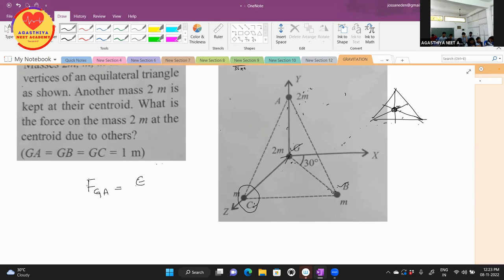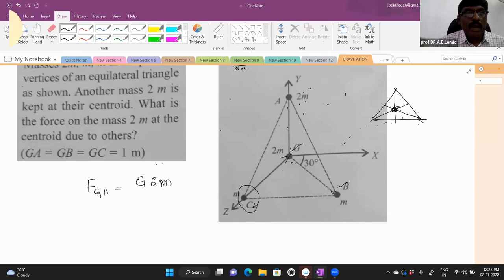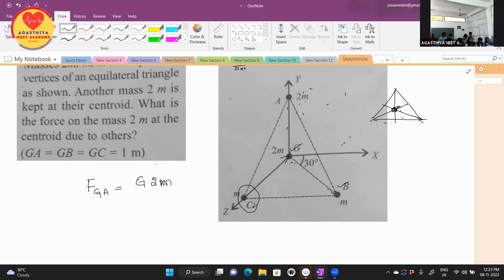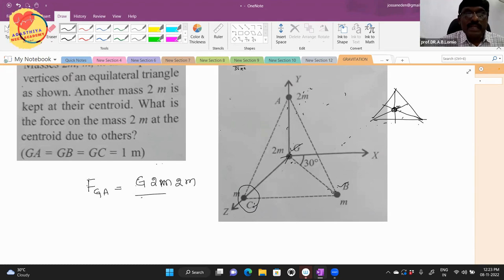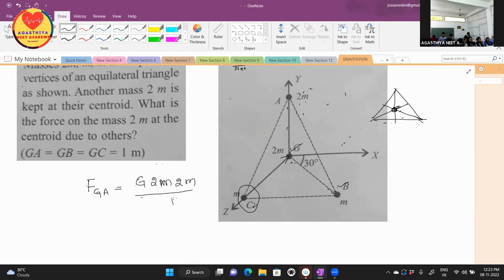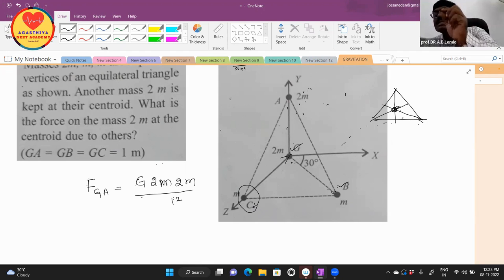G constant, the mass placed at A is 2m, and the mass placed at G is 2m. The distance between A and G is 1 meter, as given, therefore 1 squared. The mass is exactly placed on the y-axis, therefore the J vector is noted.